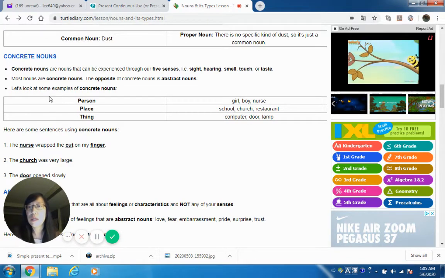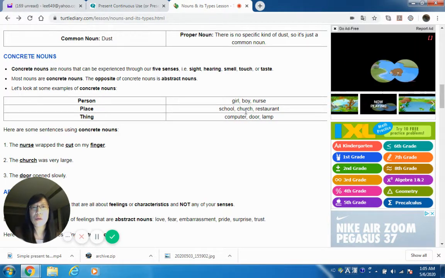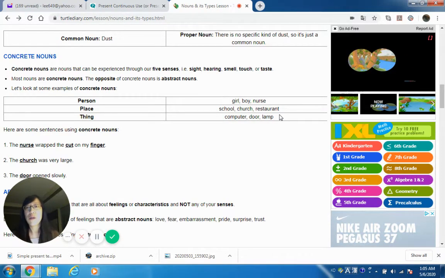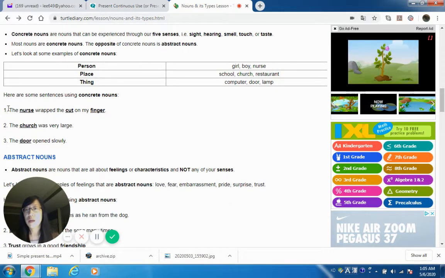Let's look at some examples of concrete nouns. Person, so girl, boy, nurse. Place, school, church, restaurant. Thing, computer, door, lamp. So all these are examples of concrete nouns. And here are example sentences. 1.